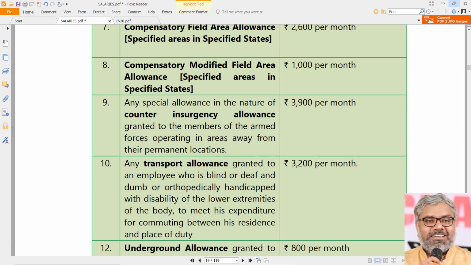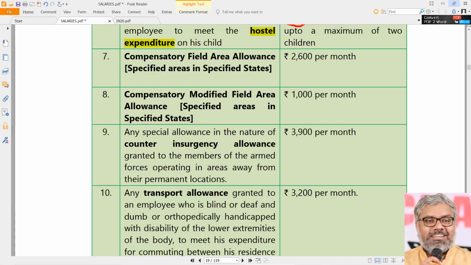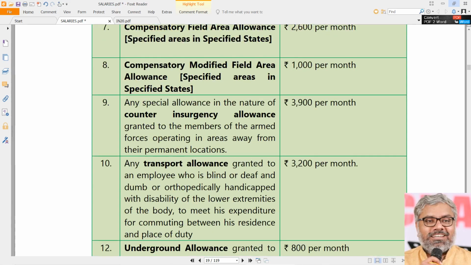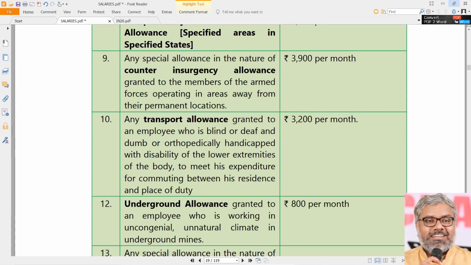In general, these are all once again for police and military type of employees. So exemptions are given for them when they are on the field area allowance, that is what it is called. There is an exemption of this much for them, which we don't need for our problem solving purposes. And counter-insurgency allowance also. Insurgency itself is like terrorists coming from outside India to India.